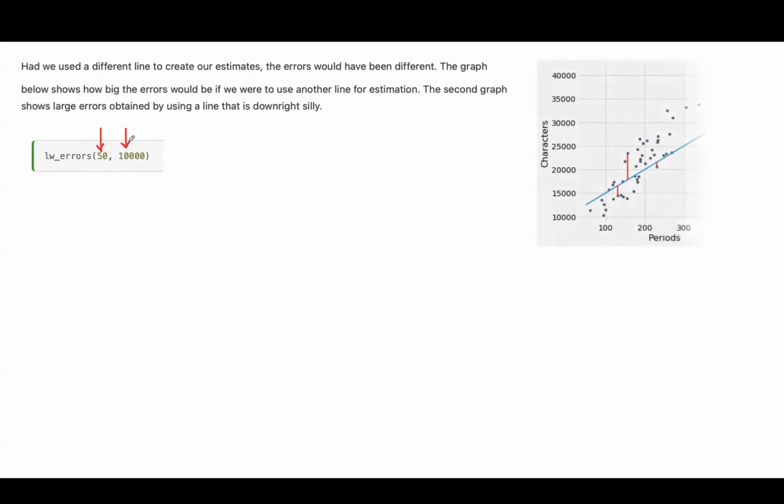The errors behave like this. As you can see, now you have a larger red line, which is showing the error or residual between the actual value and predicted value. What if we pass in other slope and y-intercept? Suppose I pass in a negative slope, like negative 100 and y-intercept of 50,000. What does the graph look like?